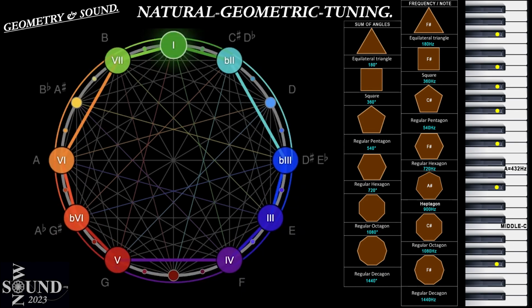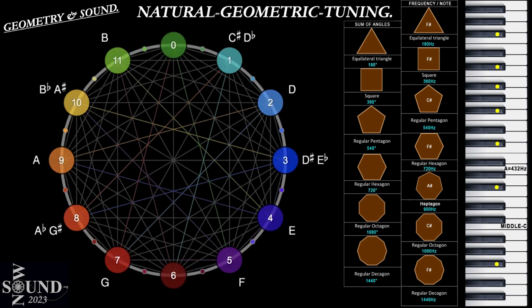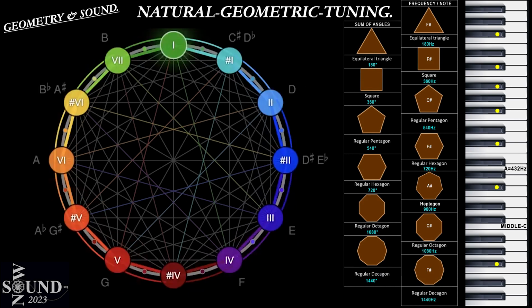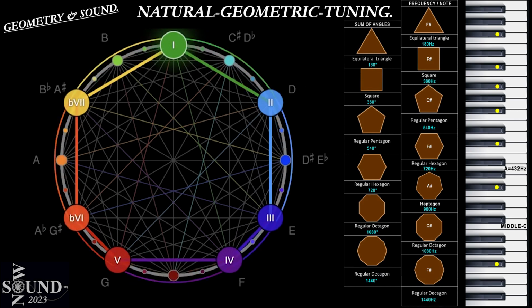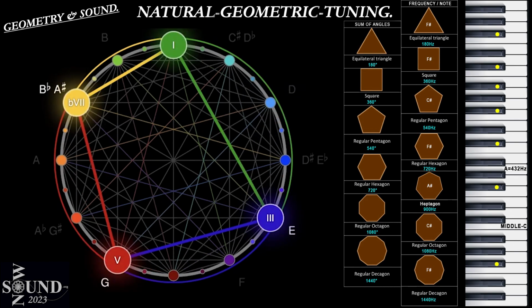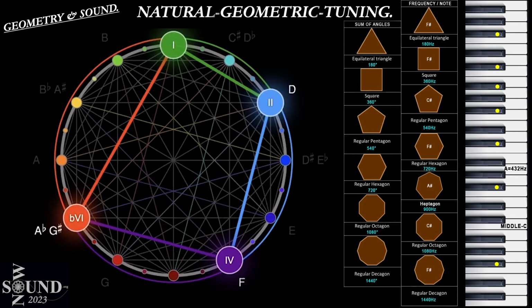Larger polygons represent larger scales: nonatonic, decatonic, and hendecatonic. The 12-sided dodecagon is the largest polygon used in music and represents the full chromatic scale. Chords and scales are transposed by rotating shapes around their center and transformed by reflection over one or more of 12 possible axes. All right, ladies and gentlemen, we transition to Metatron's cube and then Project 432.